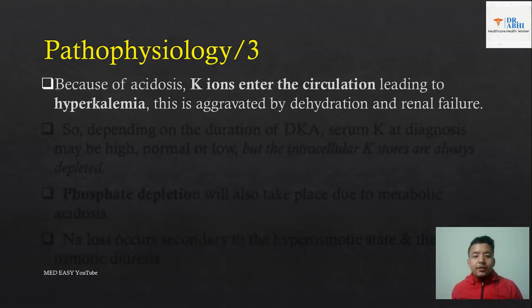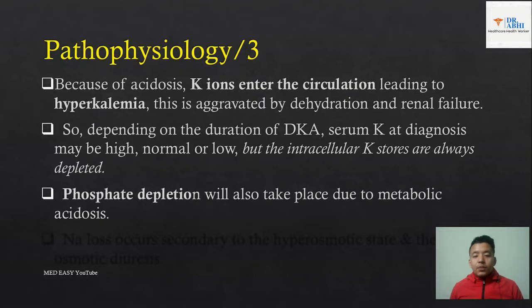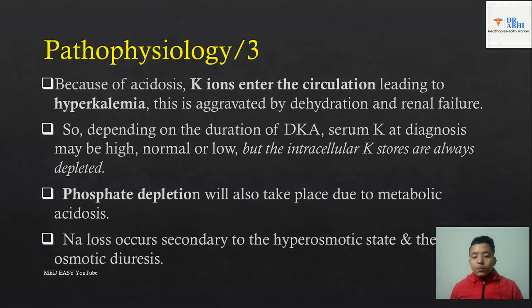All right. So depending on the duration of DKA, serum potassium at diagnosis may be high, normal or low, but intracellular potassium stores are always depleted. That's the thing that I had said earlier. Phosphate depletion will also take place in metabolic acidosis. Sodium loss occurs secondary to the hyperosmotic state and the osmotic diuresis.